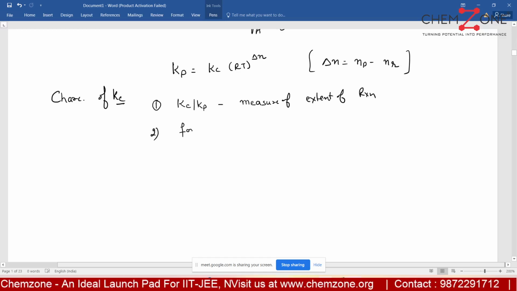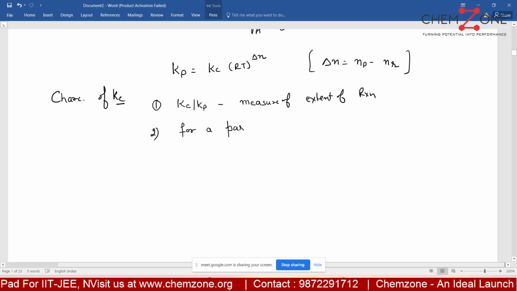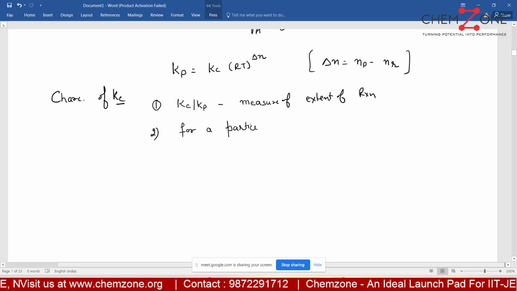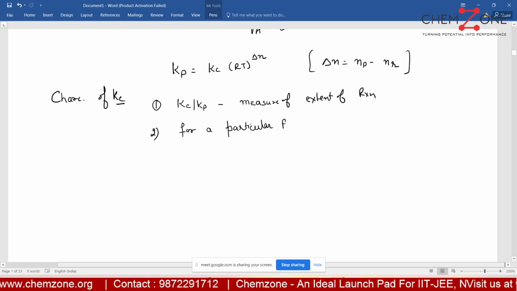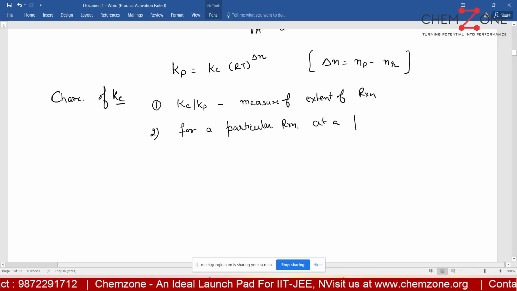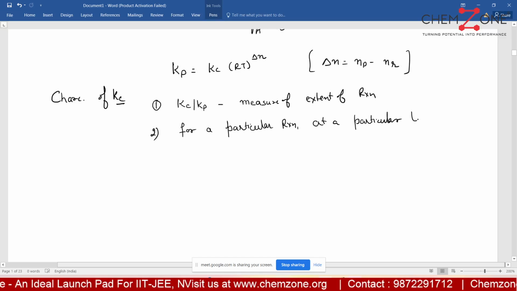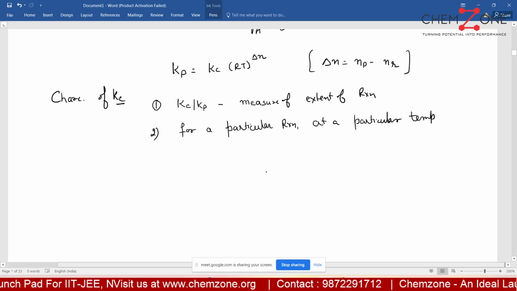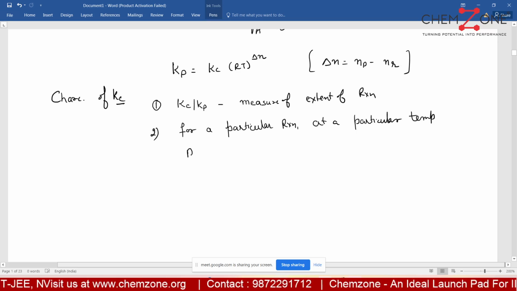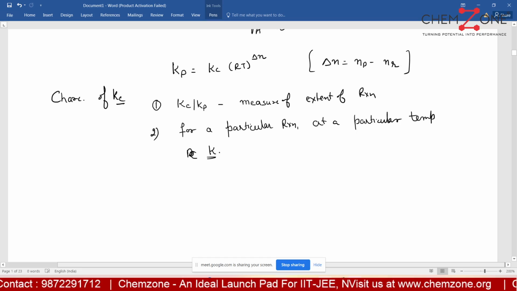Number two: for a particular reaction at a particular temperature, there is a specific value of equilibrium constant.